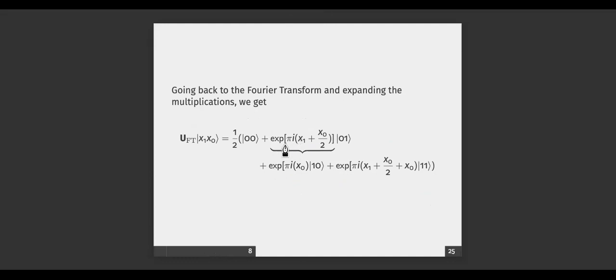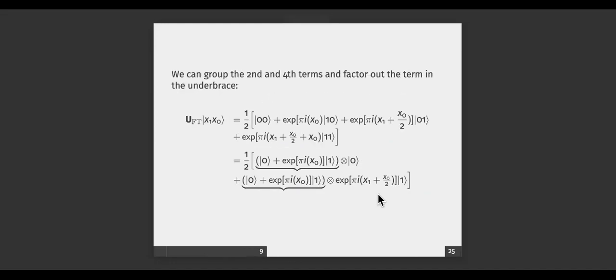You can see that the exponentials are already there. Now we can further simplify this by grouping the second term and the fourth term, so that it will look like this one here.